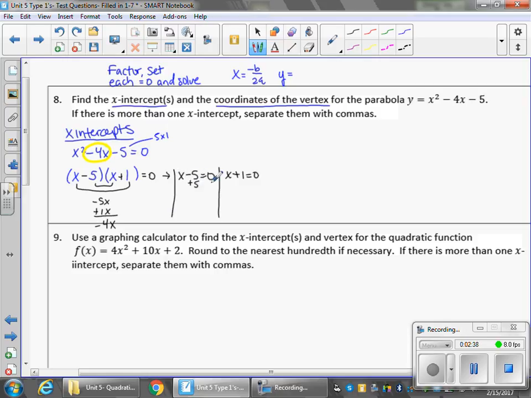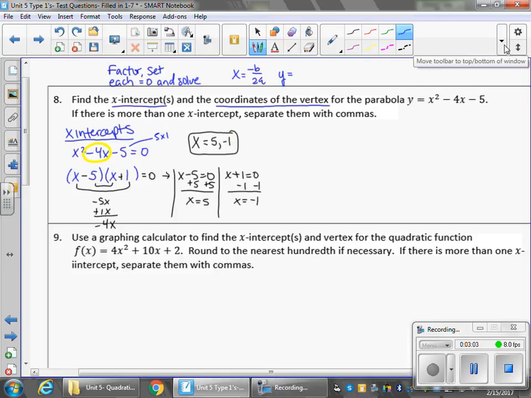So we're going to solve. We get x equals 5 and x equals negative 1. So for my ALEKS answer, it asks for them to be separated by commas. So I would type in 5, comma, negative 1, and that is it for x-intercepts. It doesn't matter if they're in order, smaller, bigger, bigger, smaller.